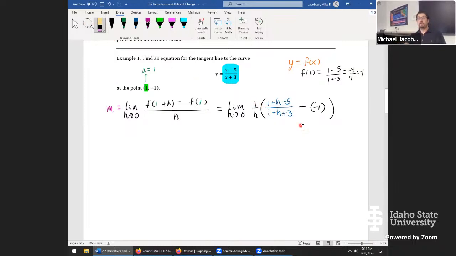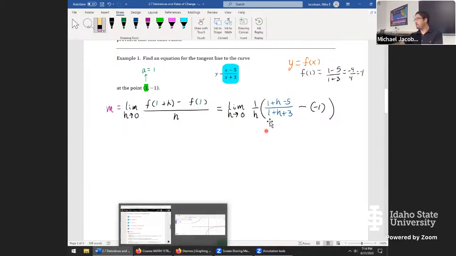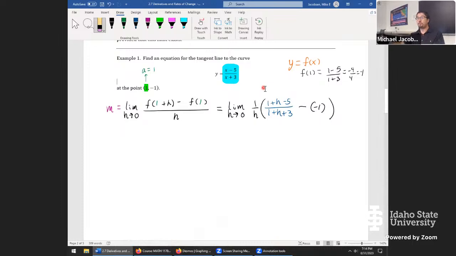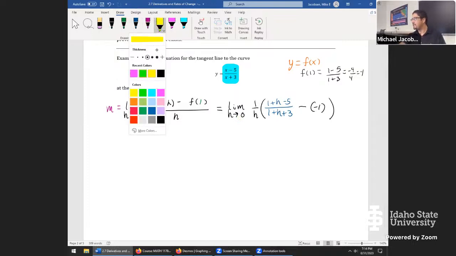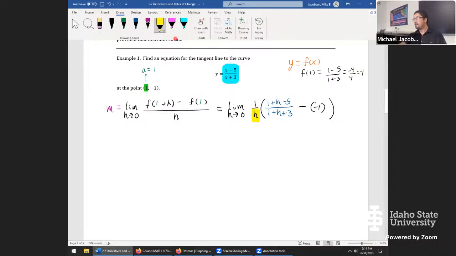So that's our limit. We've actually seen limits kind of like this one in chapter 2, not exactly the same, but familiar algebraically. All we now need to do is go through the motions, take the limit as h goes to 0. We're going for direct substitution. And the only thing stopping us is this h right here. The minute you eliminate that h algebraically, you can take the limit by direct substitution and your work is done.